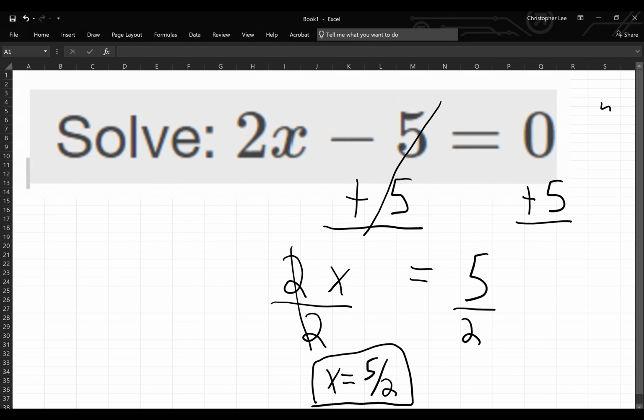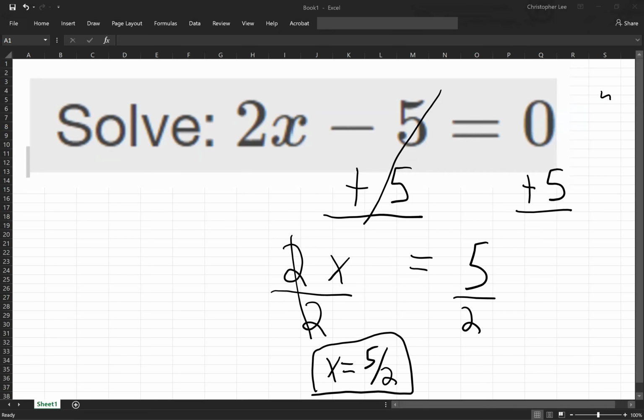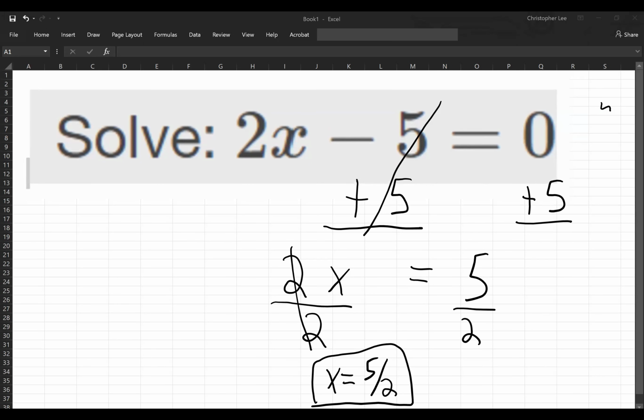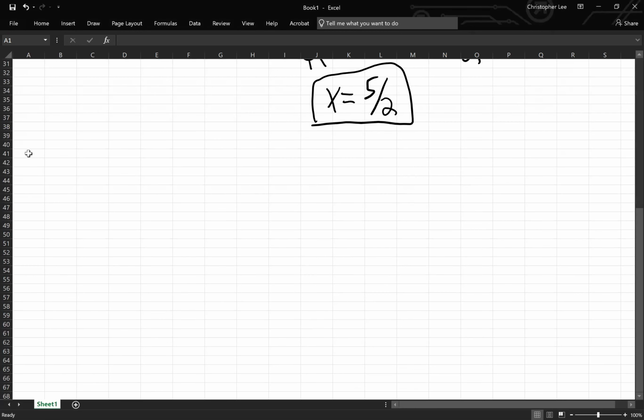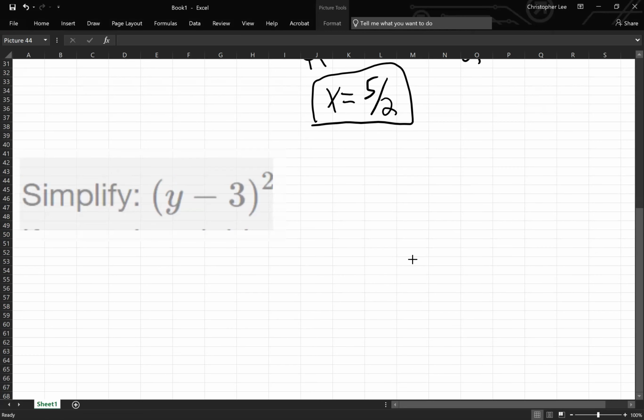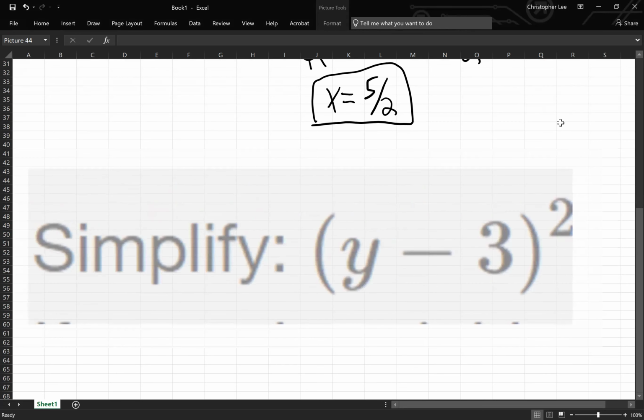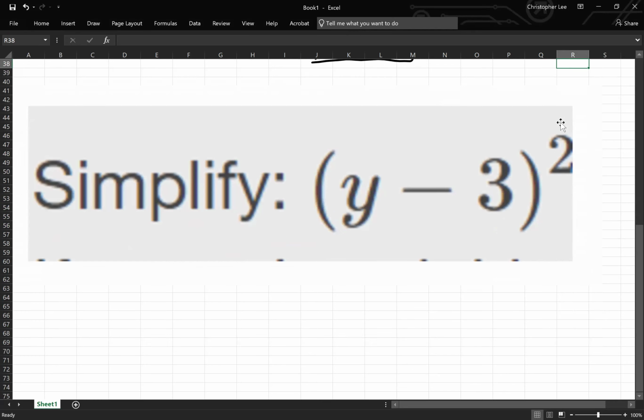All right, I have another blast from the past question. So the instructions on this question tell us to simplify. I feel like expand is a better word, right?